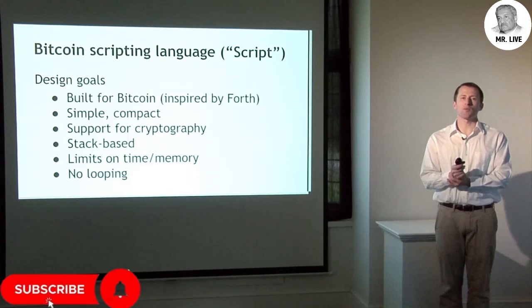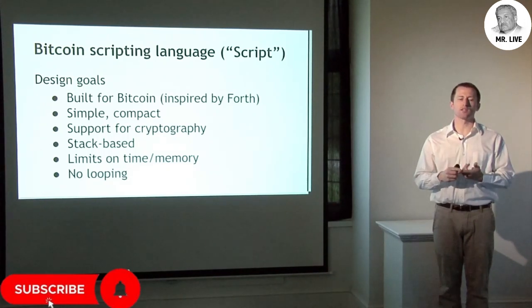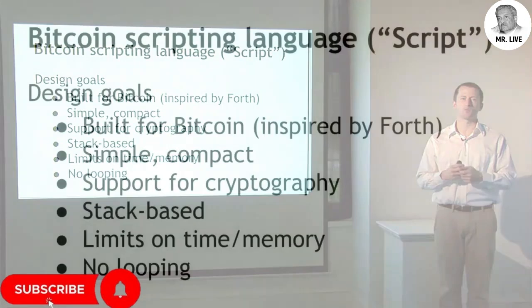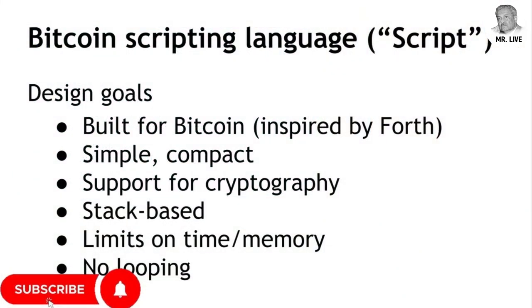The key design properties here were to have something that was quite simple, quite compact, but yet had support for pretty sophisticated cryptography. So there are special purpose instructions to compute hash functions and to compute signatures and verify signatures. And this is a stack-based language. And you may have never seen a stack-based language before in your life, but I'll explain on the next slide what that means and why that was chosen.